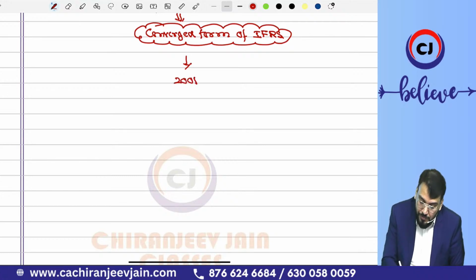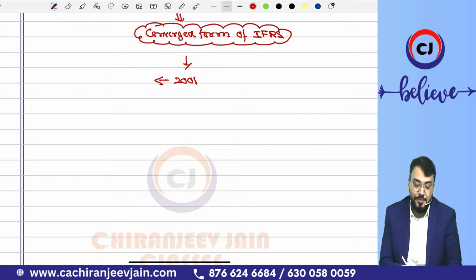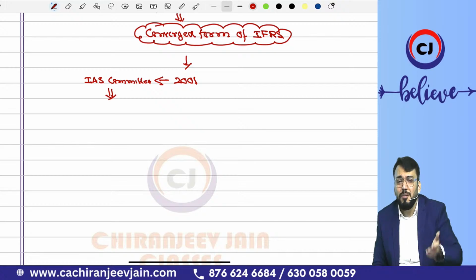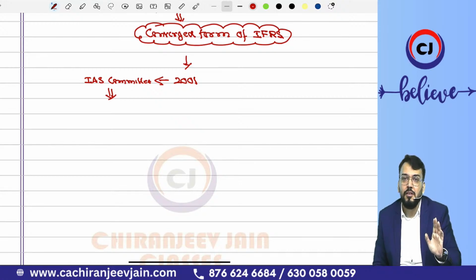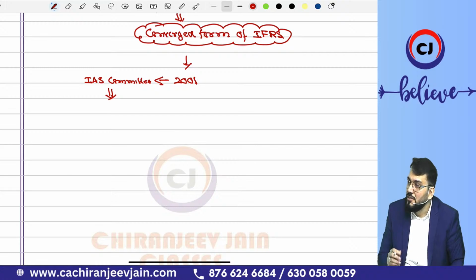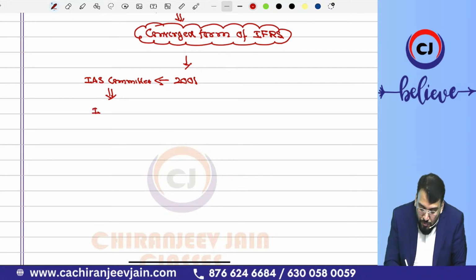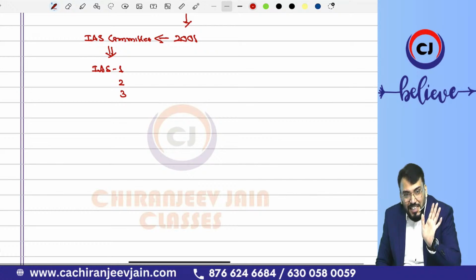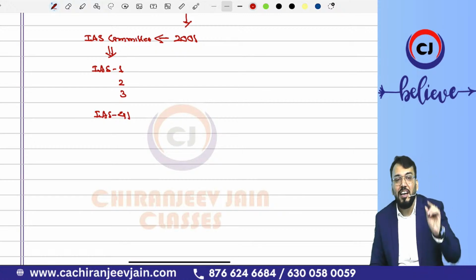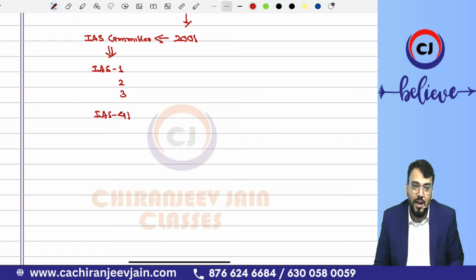Before 2001, there was an International Accounting Standard Committee, and under the IAS committee, whatever international accounting standards were drafted and issued, the numbering was given in this way: IAS 1, IAS 2, IAS 3, like this, and till date there are international accounting standards up to 41, meaning IAS 1 to IAS 41.